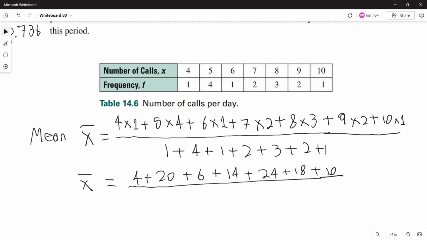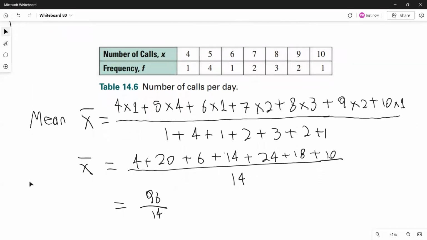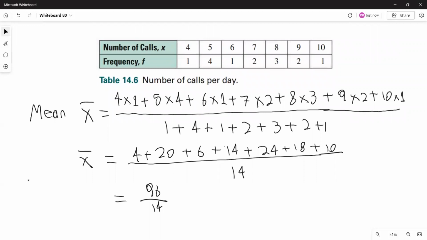And there's a total of 14 data values. So at the end, the mean is 96 over 14. If you keep it as a fraction, it reduces to 48 over 7. But most of the time, it's going to be a decimal. So that's approximately 6.86 calls per day.